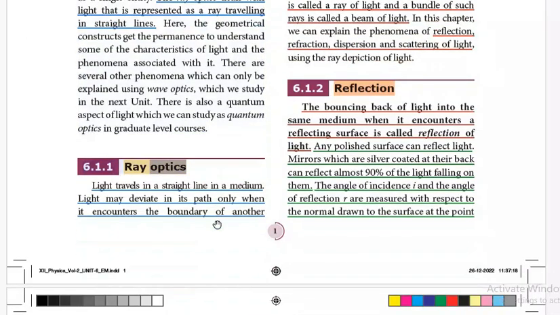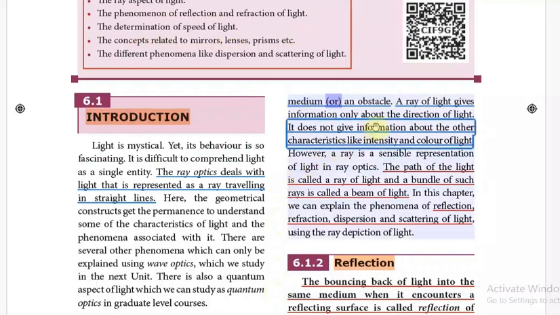6.1.1 Optics. Light travels in a straight line in a medium. Light may deviate in its path only when it encounters the boundary of another medium, or an obstacle. A ray of light gives information only about the direction of light. It does not give information about the other characteristics like intensity and color of light.